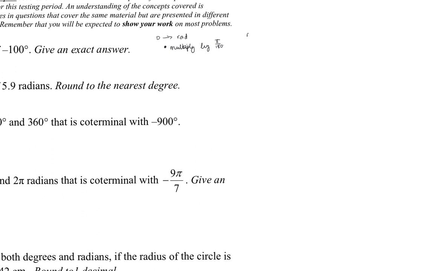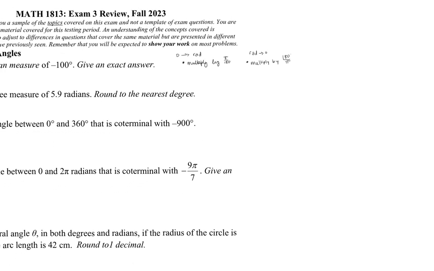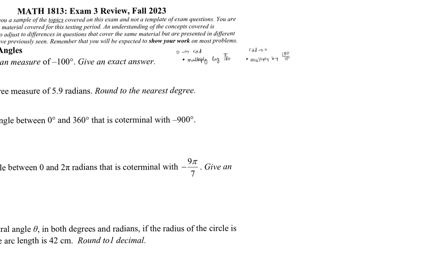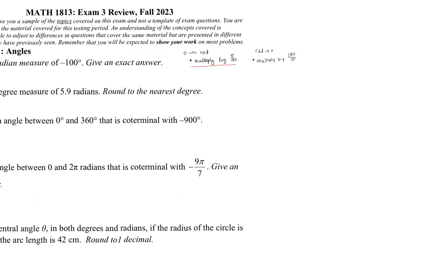If we're going from radians to degrees, we're going to multiply by 180 over pi. All right, so if we have degrees and we're trying to go to radians, we already know we're going to multiply by this right here. So let's go ahead and do that.